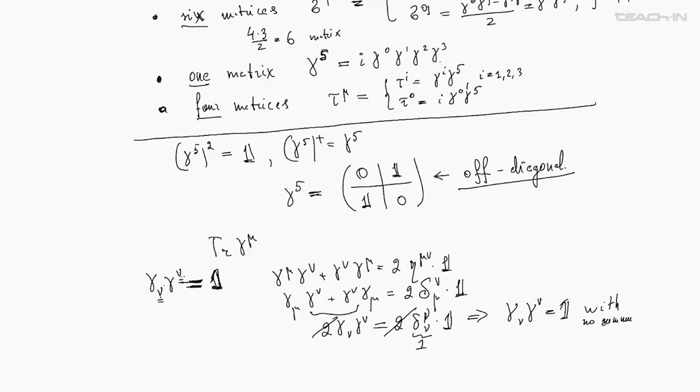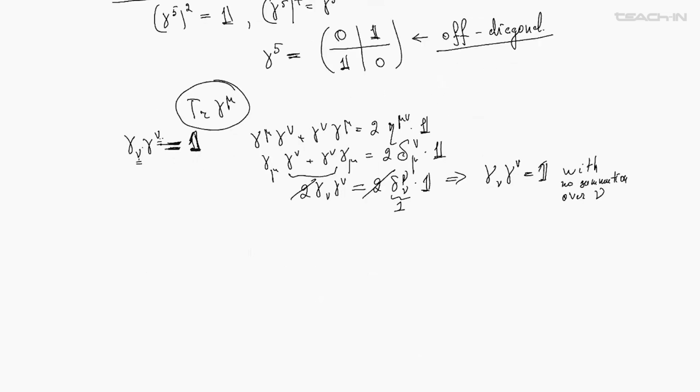Now, coming back to the trace of gamma mu, I use the following standard trick to prove that this trace vanishes. Take the trace of gamma mu and plug inside the identity matrix in the form of gamma nu with lower and upper index, for index nu chosen to be not coincident with index mu.